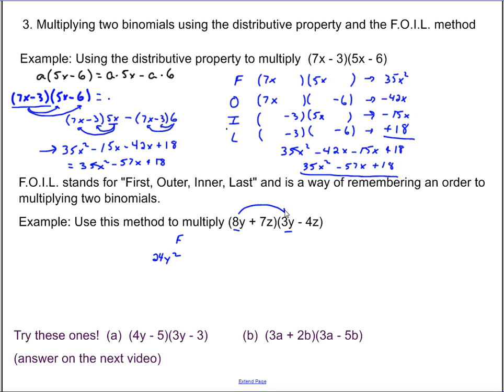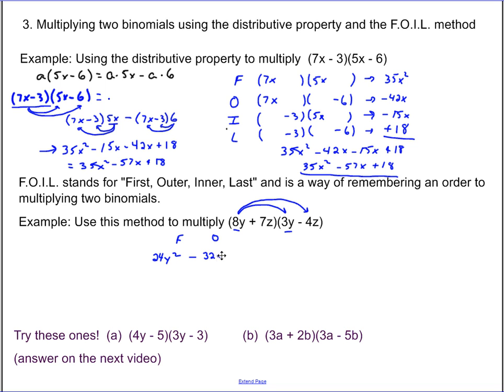Our outer terms are 8y times negative 4z. A positive times a negative is minus, 8y times 4z. 8 times 4 is 32.